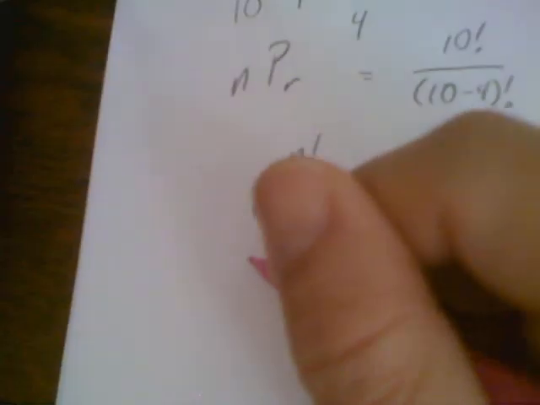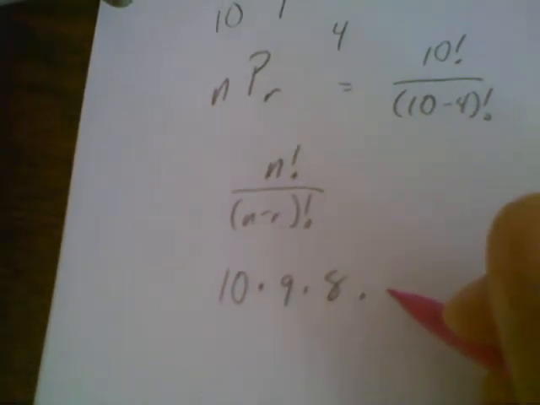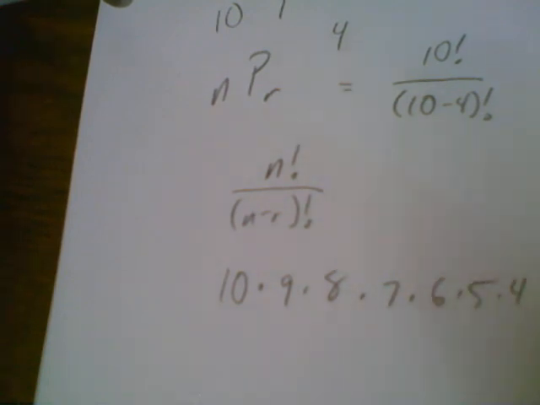So we do 10 times 9 times 8 times 7 times 6 times 5 times 4 times 3 times 2 times 1.